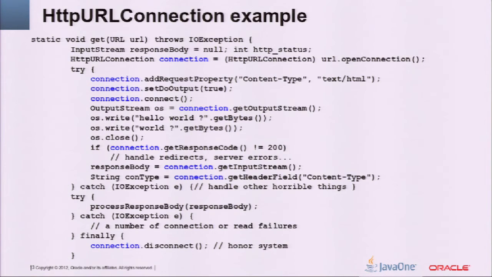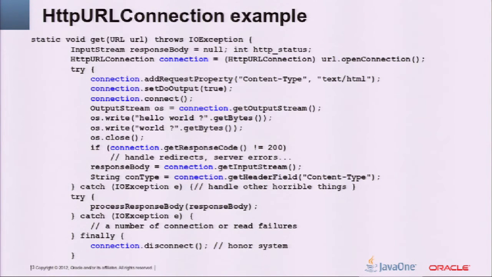So in this example, and this is where you should feel free to move closer to the screens, because we've got lots of small fonts like this to try and illustrate code that might be more readable closer up. We create a connection object based on the URL of where the connection is going to be made to. Then we're going to set some headers.